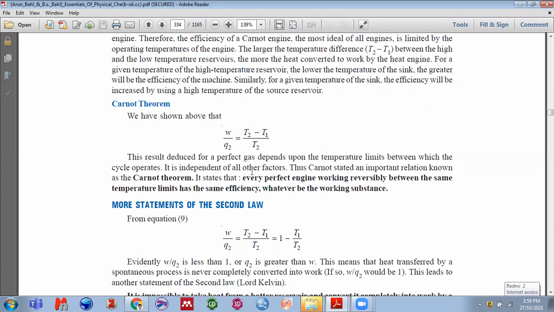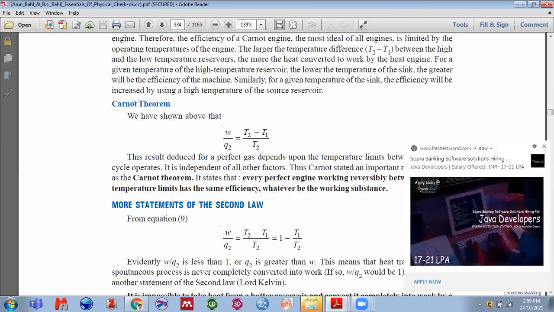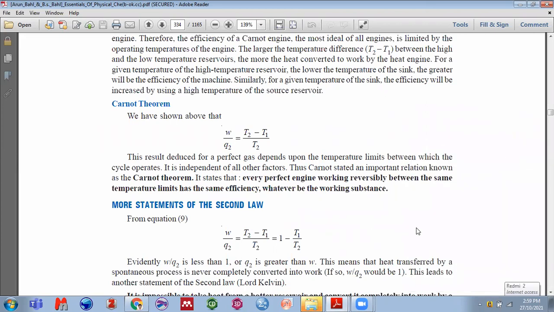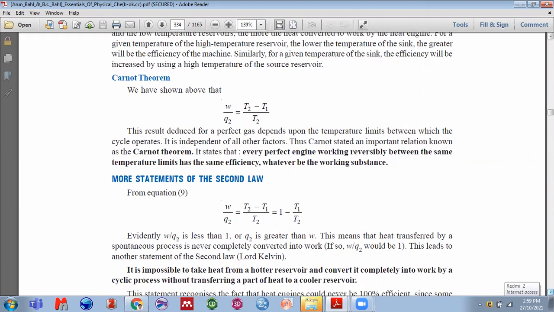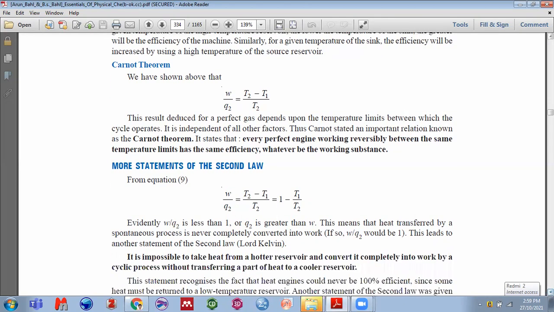It is independent of all other factors. Thus, Carnot stated an important relation known as Carnot theorem. It states that every perfect engine working reversibly between the same temperature limits has the same efficiency whatever be the working substances.